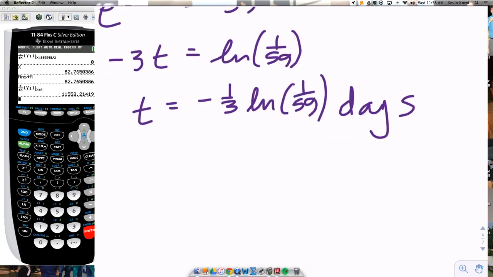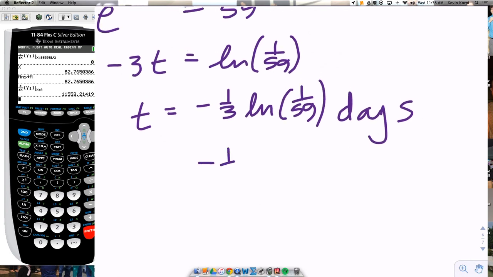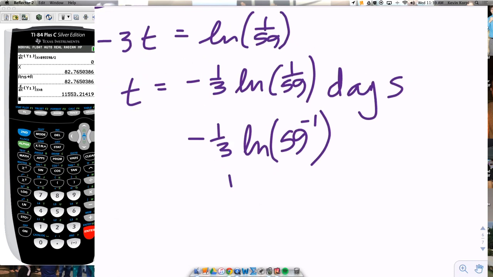This probably would not be the multiple choice answer, although this type of algebra would be fair game for a non-calculator portion. There's a negative out front, and this is a fraction. So remember, you could do something with the natural log of 1/59. You can either say it's natural log of 59 to the negative first power, right? And then do what with the negative 1? Bring it out front and call it 1/3 natural log of 59.